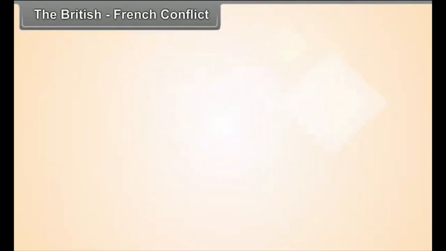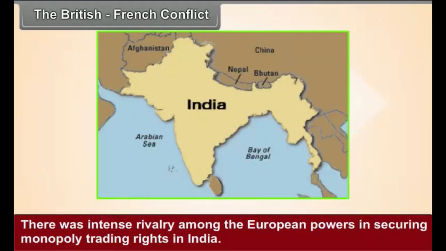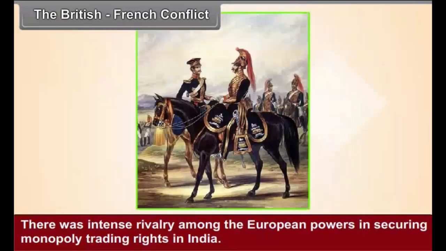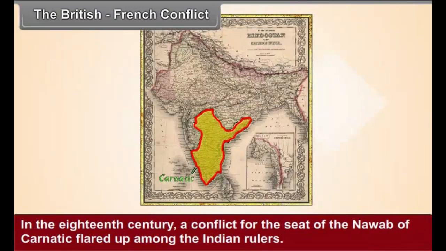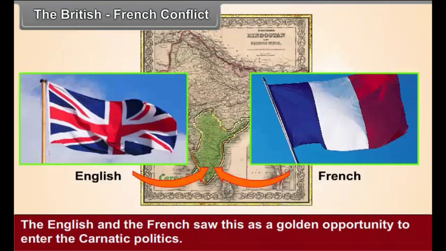The British-French conflict. There was intense rivalry among the European powers in securing monopoly trading rights in India. In the 18th century, a conflict for the seat of the Nawab of Karnataka flared up among the Indian rulers. The English and the French saw this as a golden opportunity to enter the Karnataka politics.